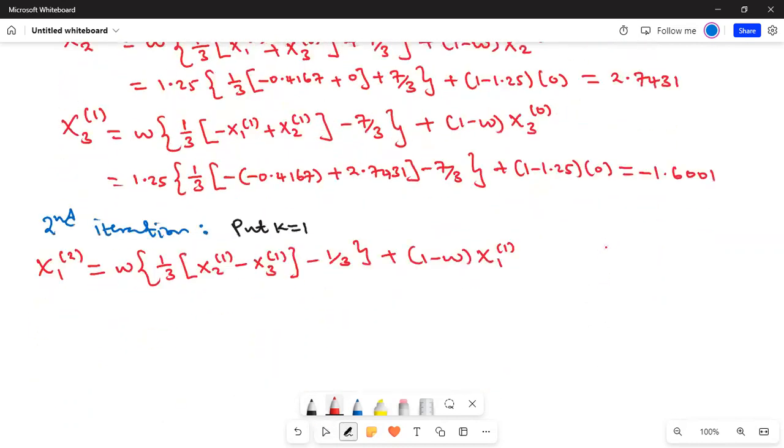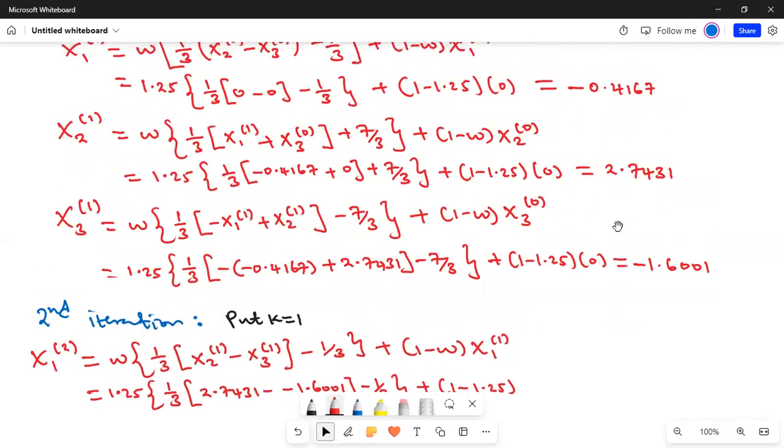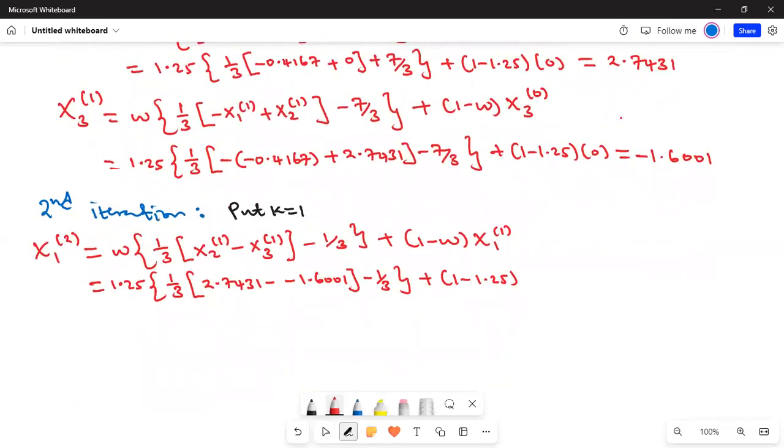Let's substitute. That will give us 1.25, 1 over 3 times x2 at level 1, we got 2.7431. x3 at level 1 is negative 1.6001, so that will be positive, minus 1 over 3, plus 1 minus 1.25. x1 at level 1, we got negative 0.4167.